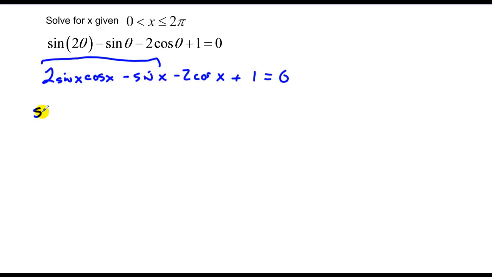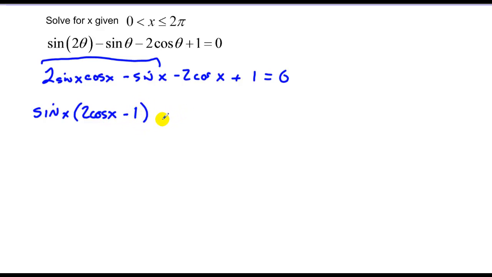So I'll pull out a sine of x, oops, I lied, I have sine of x times 2 cosine of x minus 1.